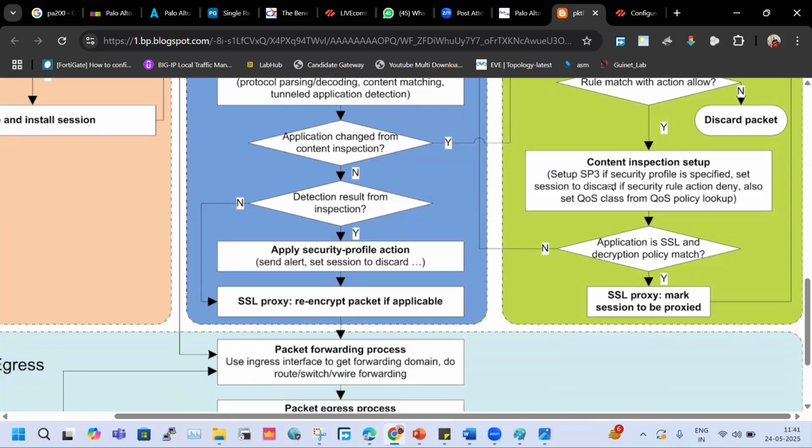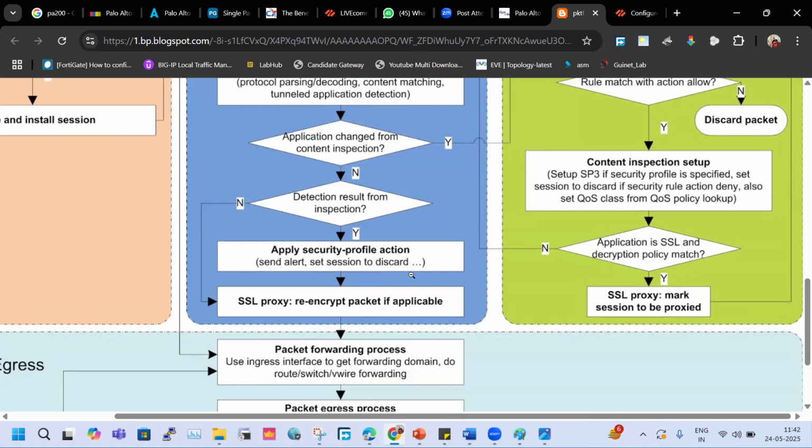If the application is not shifting, then it will go further and check the result from the inspection, whether the traffic is legitimate or not. We have set our security profiles, that is antivirus, spyware, URL filtering.